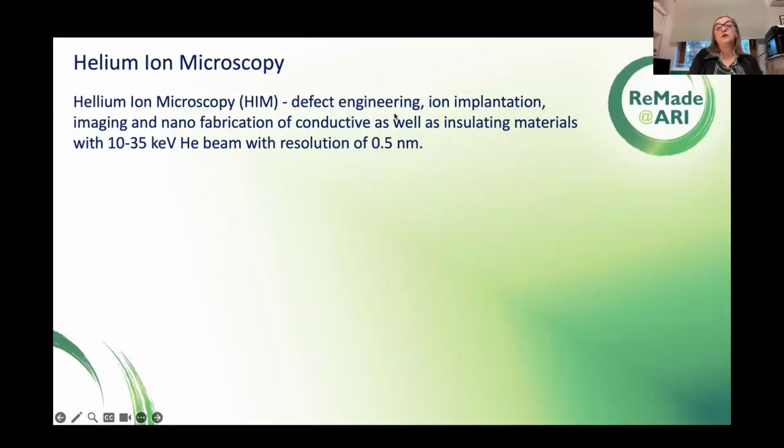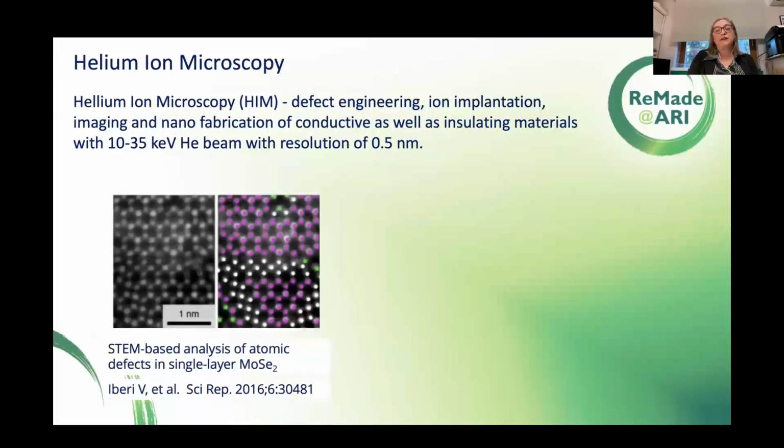And this can be used then for defect engineering, implantation, imaging, nanofabrication of conductive and isolating materials. Here I just have two simple, nothing is simple, but two examples. One is defect engineering in case of single layer 2D material.